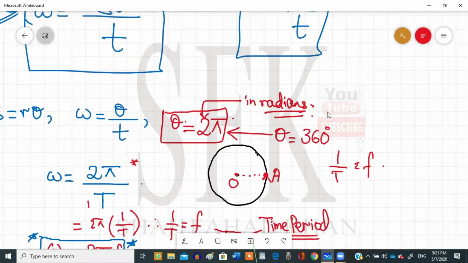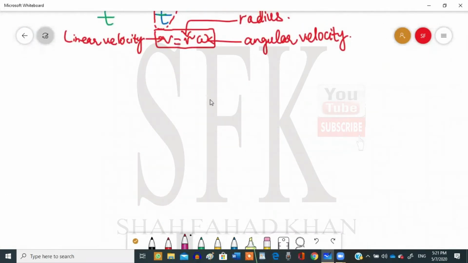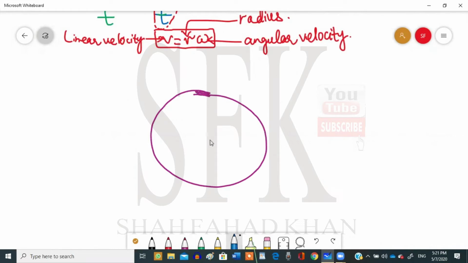I'll tell you the situations in which you'll use them in a bit. When an object is moving in a circular path, and the examiner gives you the linear velocity, let's say 10 meters per second, and he also provides you with the radius of the circular path, let's say 2 meters, and he asks you to calculate the angular velocity.